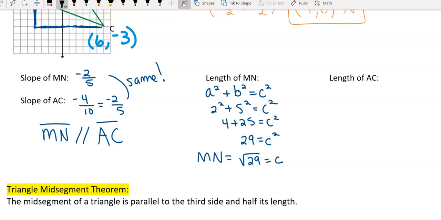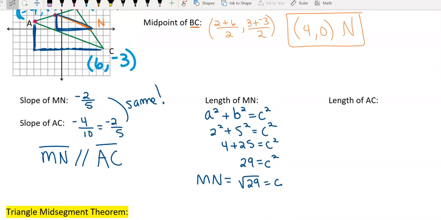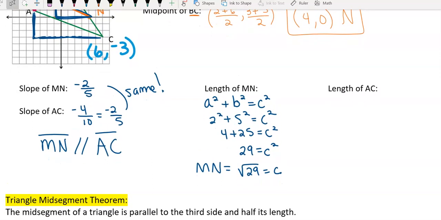Now, to find the length of AC, we go back to the other right triangle that we had. This leg was 4, and the leg across here was 10. We could simplify that when we were talking about slope. When we're looking for the length of a triangle, we don't change those lengths. So we're going to use our Pythagorean theorem again.